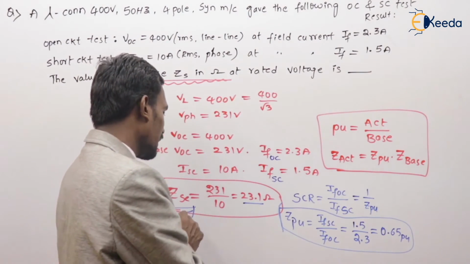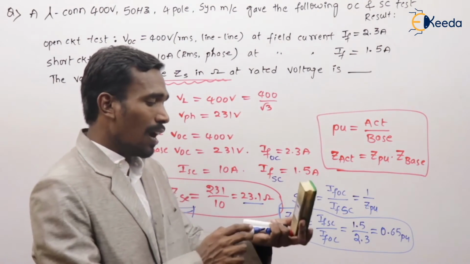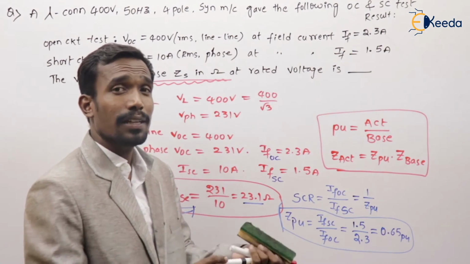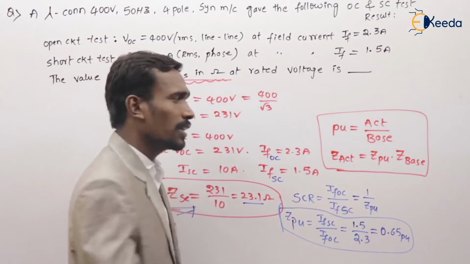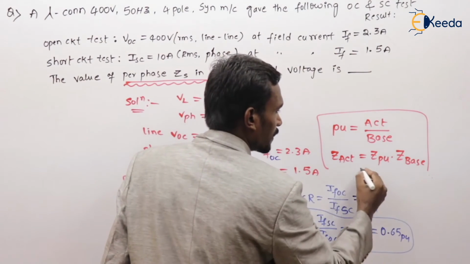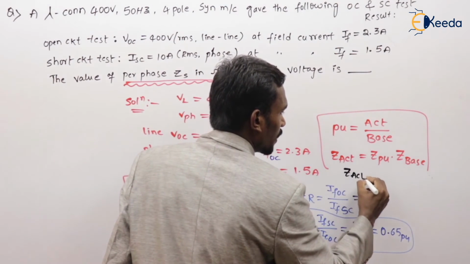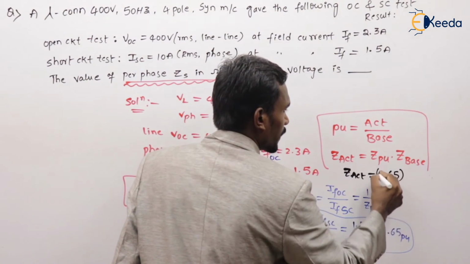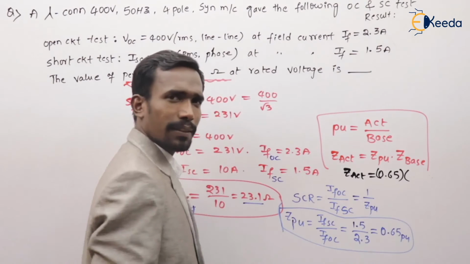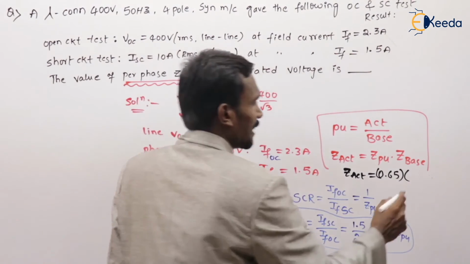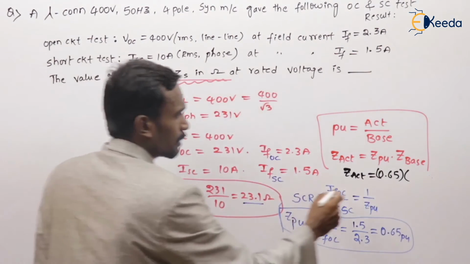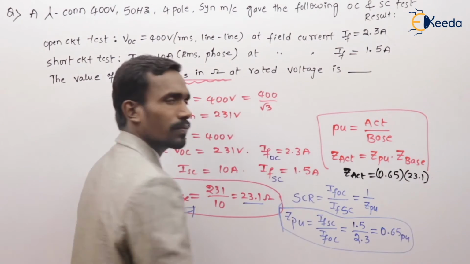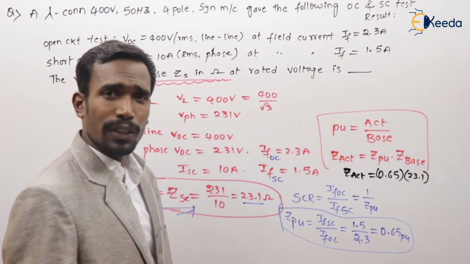This is the base impedance and this is the per unit impedance. Now I want the actual impedance. Tell me the answer fast. Calculate it. So actual impedance, Z actual, is equal to Z per unit multiplied by Z base, 23.1 ohms.